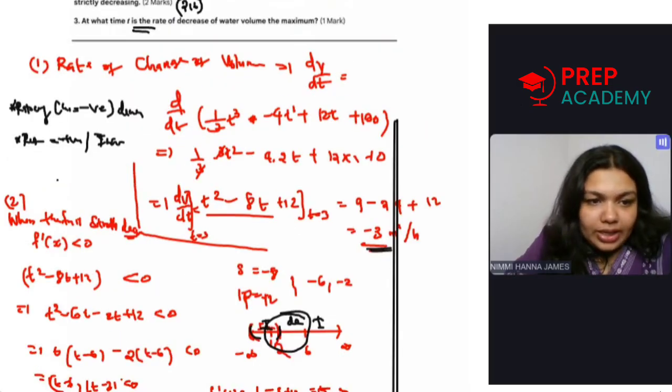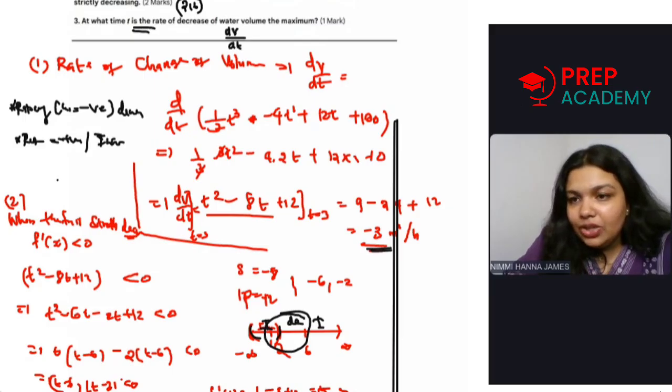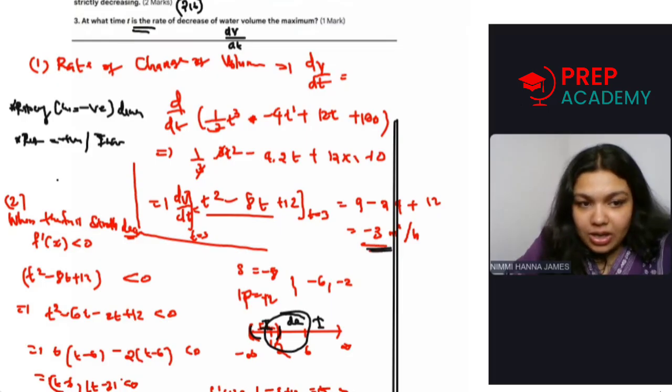Now at what time t is the rate of decrease of water volume maximum? The rate of change of water volume is represented by dv by dt. So I want to know when this quantity becomes maximum. So it's a problem of finding local minima and local maxima.